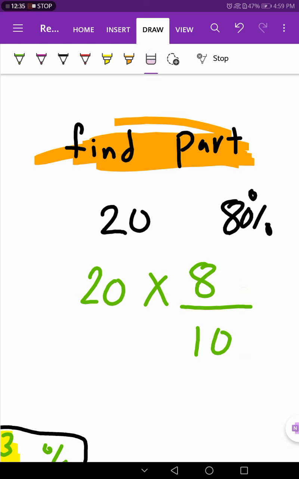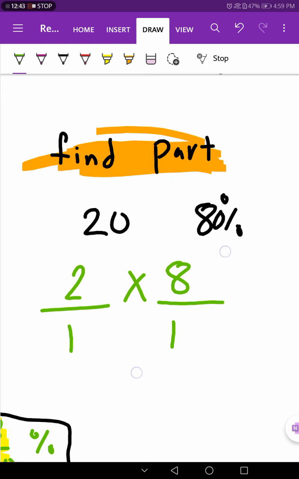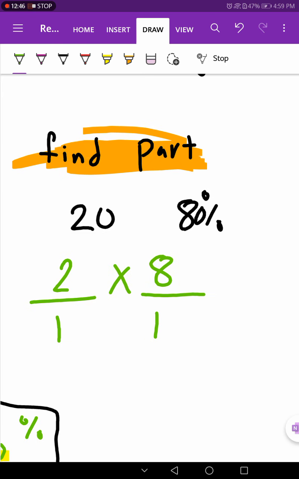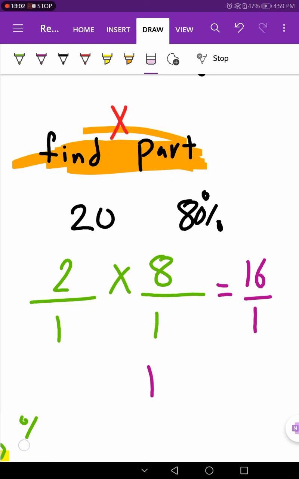Can I cancel this 0 with this 0? Yes, you can. 2 multiply 8 equals 16, and 1 multiply 1. So it is 16 over 1, and 16 over 1 equals 16. The answer is 16. This is about find part. You just multiply. Remember this. Don't forget and confuse it in the test.